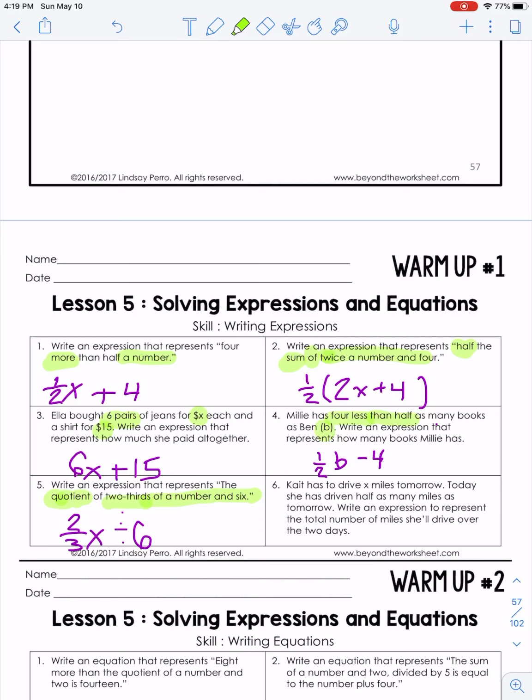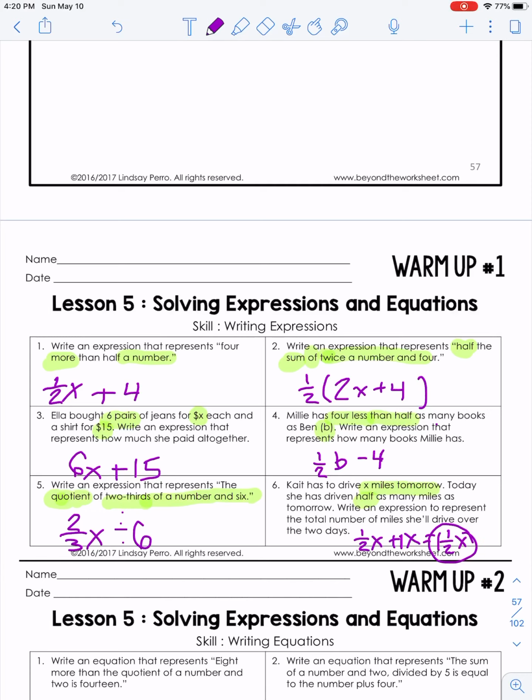So our important information is Kate has to drive X miles tomorrow. Today she has driven half the miles that she will drive tomorrow. So today she drove 1/2 of the X. Tomorrow she'll drive X. So if you add those together, you have 1x plus 1/2 x, so you have 1 and 1/2 x in all.